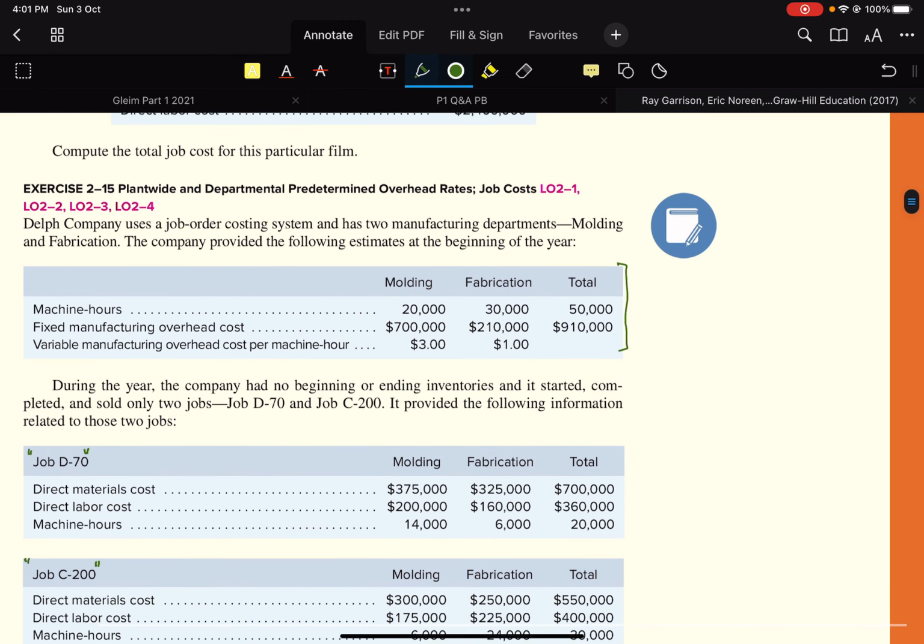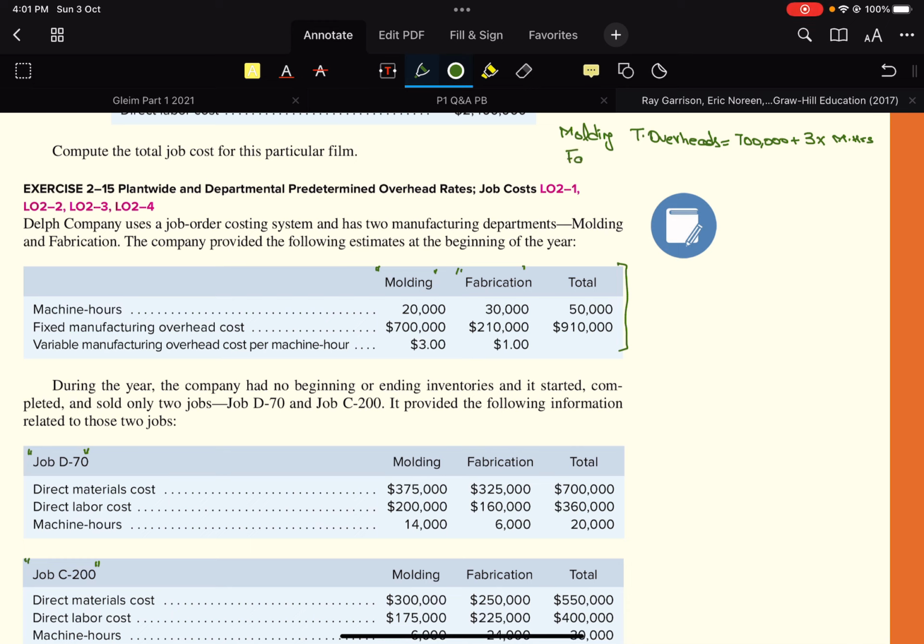So let's start with this. This is what they have estimated at the start of the year. For the molding department, total overheads are going to be equal to fixed 700,000 plus 3 into machine hours.